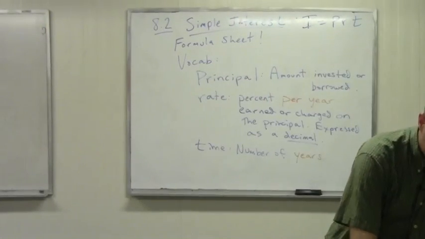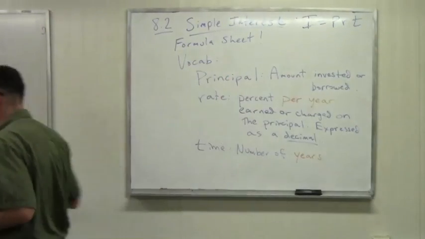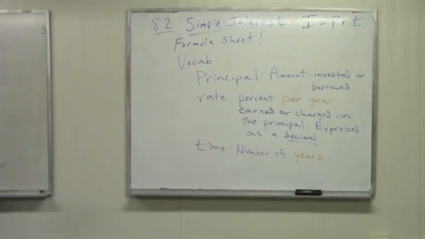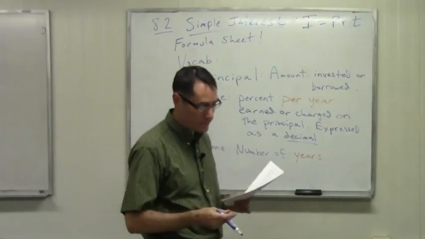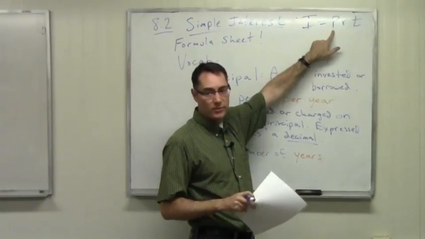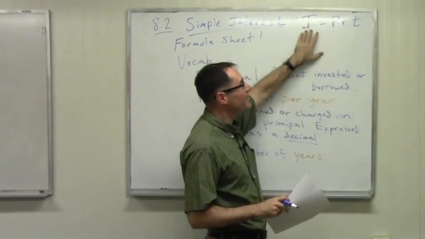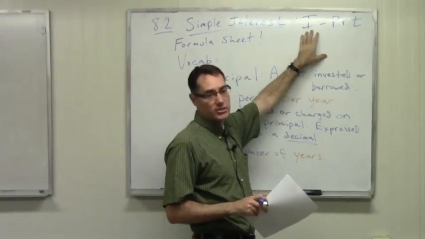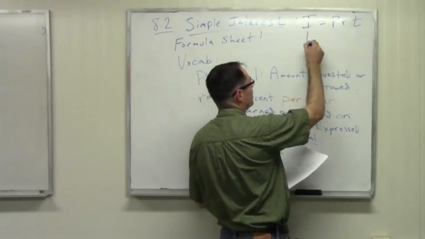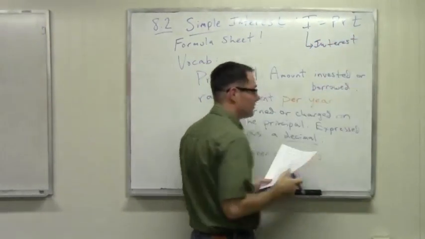Well, we actually know what all those things mean right now, except for I. We haven't talked about I yet. The P is just the principal. The R is the rate. And the time is T. This stands for the interest you get. So this is actually the interest, which I guess is another vocabulary word.